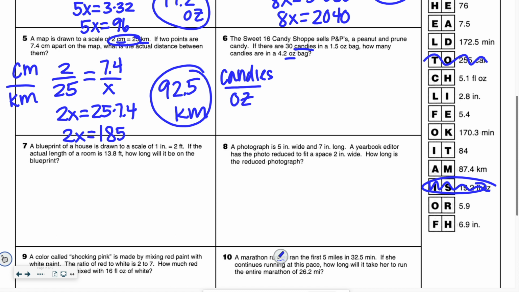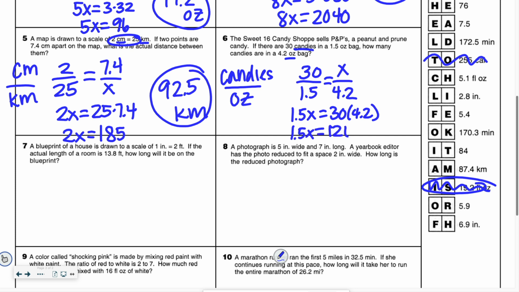In the first one we have what? 30 in a 1.5 ounce bag is equal to, we're looking for the amount of candies in 4.2 ounces. Cross multiply, 1.5x equals 30 times 4.2. 1.5x equals 126. Divide by 1.5 and we get 84 candies.